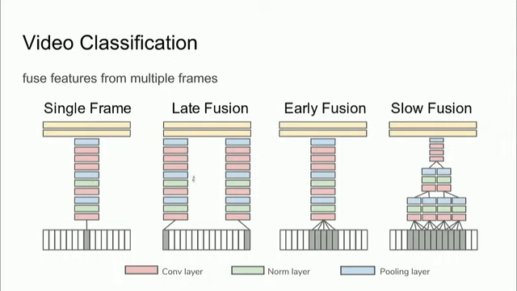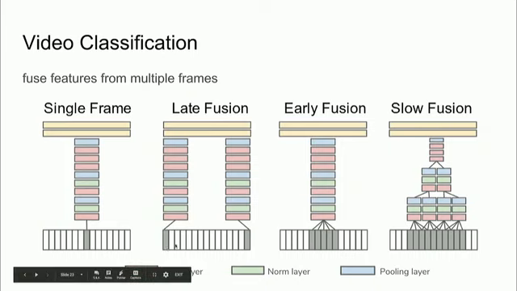Since we have multiple image frames stacked together, one way to combine them is using late fusion. That means each video frame will go through a separate convolutional neural network, and then in the final fully connected layer, we combine this information together so that the last layer will have access to the information from these image frames.